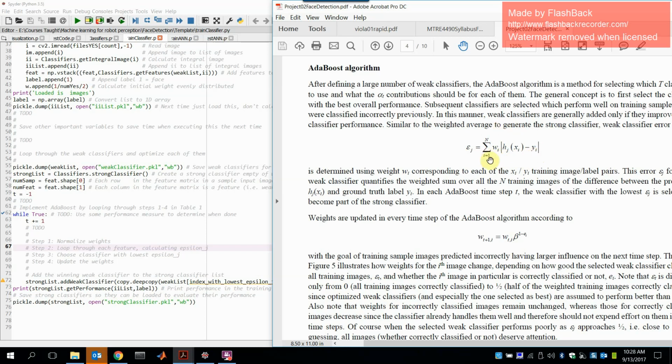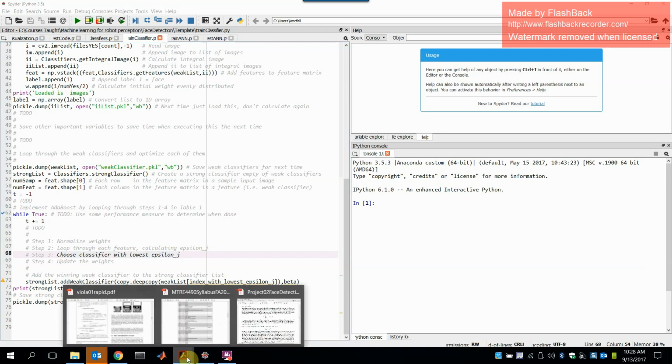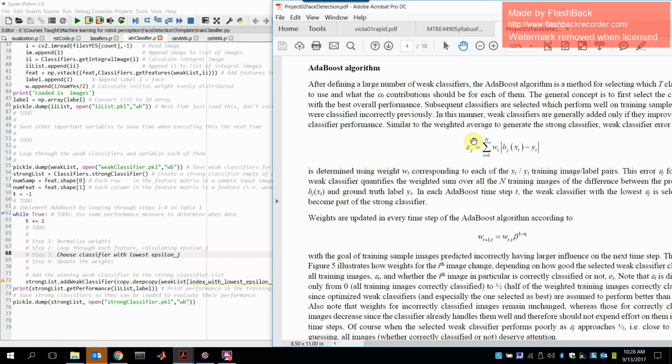And then I'm going to sum over all of the images, and I'm going to get a weighted error measurement for each of the j features, all of them. Okay? Then, whichever one of those has the lowest epsilon j, that will become h sub little t for that particular t. That's the chosen one. Okay? So you calculate all of the errors for each of the features, and then you pick the one with the lowest epsilon j, and that becomes h of t.